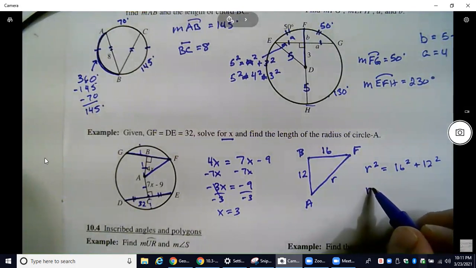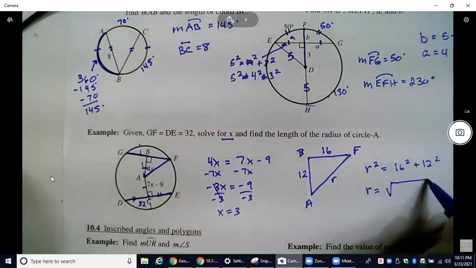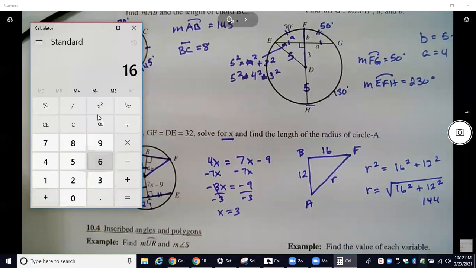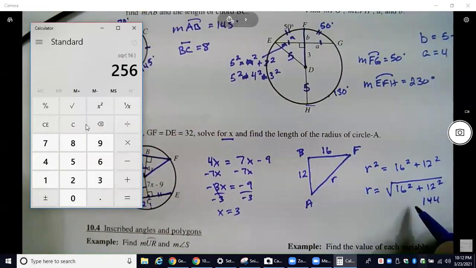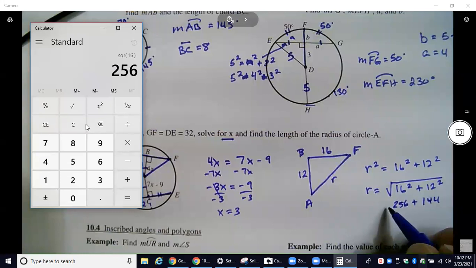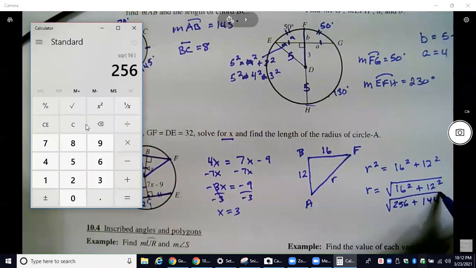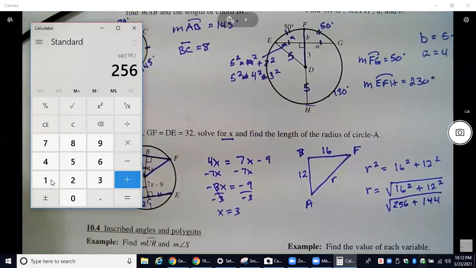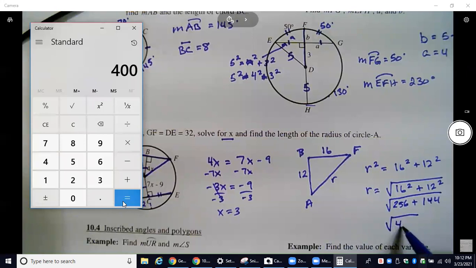I don't know it off the top of my head, y'all. 16 squared is 256. Plus 144 is 400. Oh, I know this. The square root of 400 is, okay, so R is 20 right there.